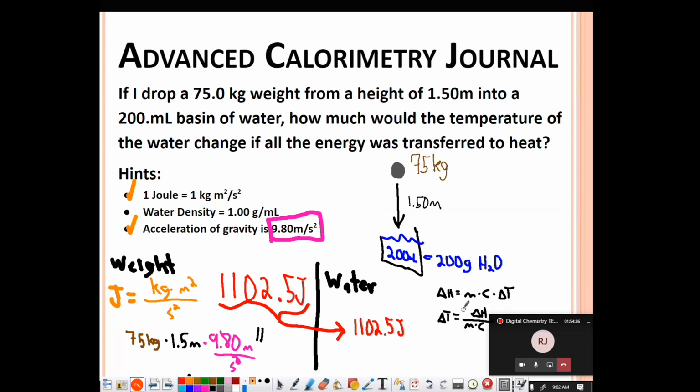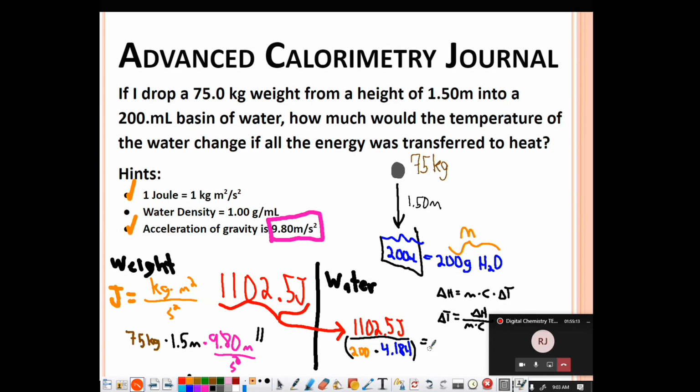Delta H over M times C. So there's the formula I'm going to use, which means this is my delta T. My C is 4.184 because it's water. And my mass is this 200 grams here, because this is the mass of water. So 200. Now remember, I've got math under a line, so I want to stick that in parentheses. But that's going to give me my answer.